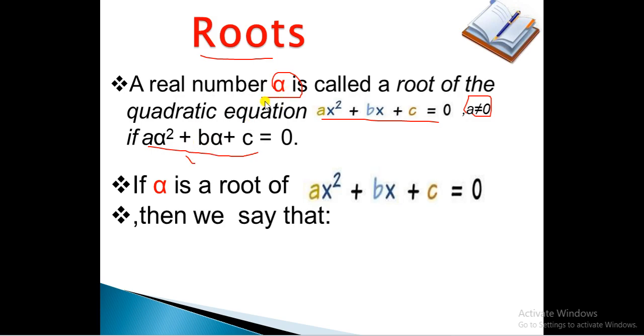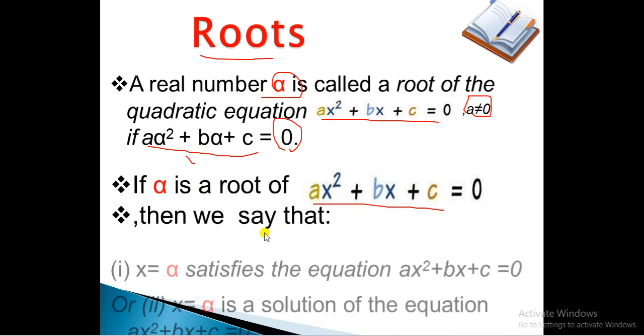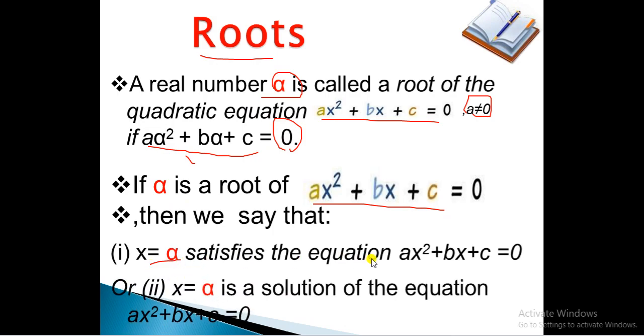We have put alpha instead of x. If the right hand side comes 0, then we say that alpha is the root of the equation. So if alpha is the root of this equation, then we can say that x is equal to alpha satisfies the equation, or x is equal to alpha is the solution of the equation. So this is the root, which is also the solution of the given quadratic equation.